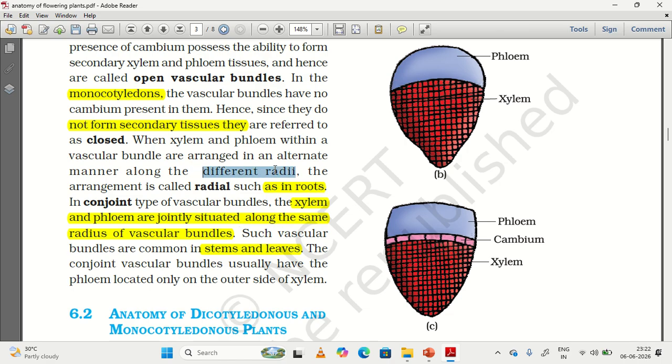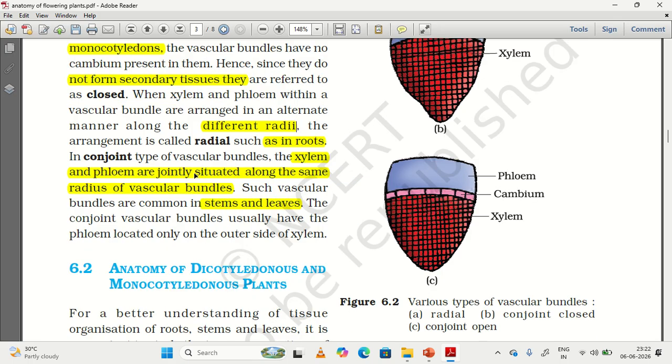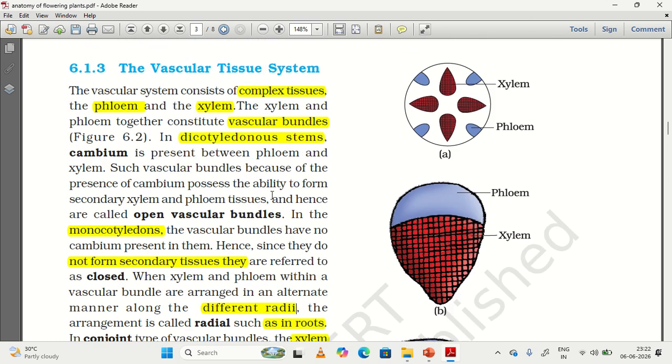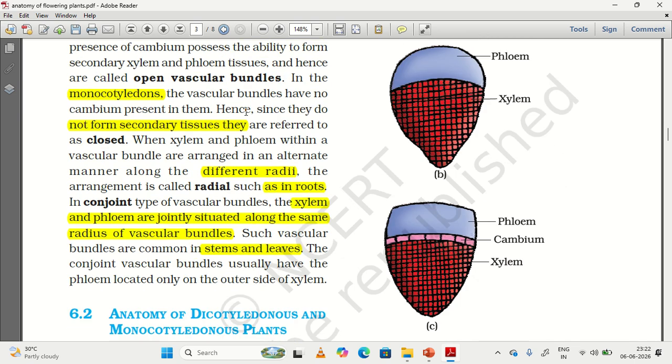If it is a different radius, we call such an arrangement radial arrangement, which can be seen in roots. And if it is the same radius, we call such type conjoint type. It can be seen in the stems and leaves. Okay, these are the different types of vascular arrangements which can be seen in the vascular tissue system.